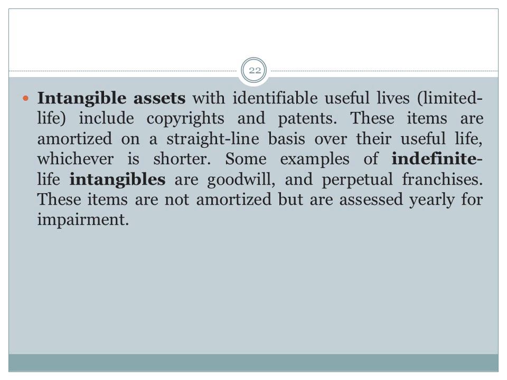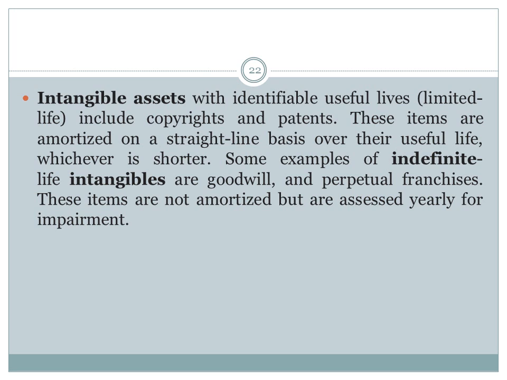These items are amortized on a straight line basis over their useful life. Some examples of indefinite life intangibles are goodwill and perpetual franchises. These items aren't amortized but are assessed yearly for impairment.